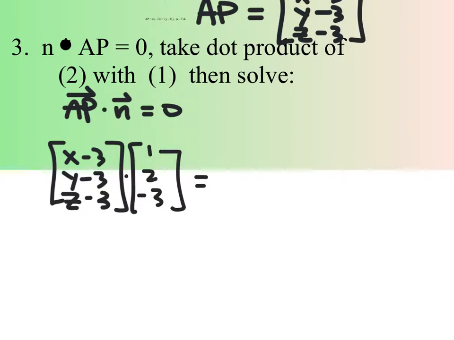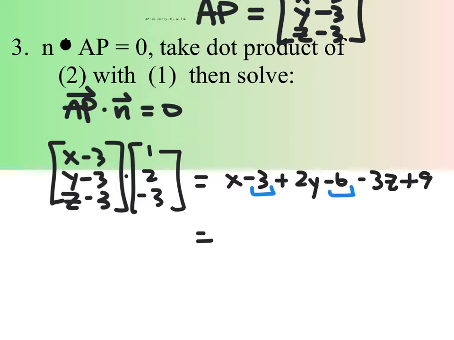Okay, let's do the dot product here. So that's x minus 3, I'm just going to distribute as I go, plus 2y minus 6, and that'll be minus 3z plus 9. Did I do that right? Plus 9, minus 6, minus 3. Okay, good. I'm going to combine some like terms here. Negative 3 and negative 6 and positive 9, they cancel.